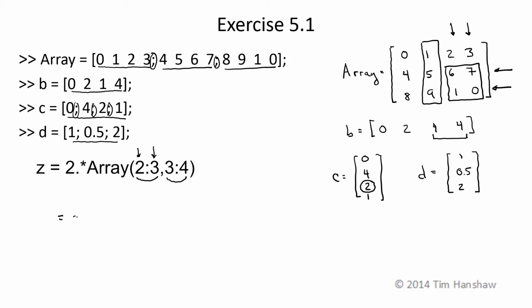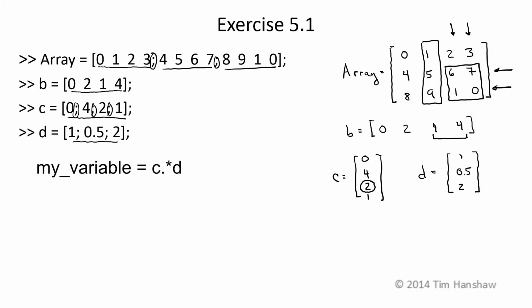So this is 2 dot times 6, 7, 1, 0. This is another scalar multiplied by an array with a dot times, so each element in the array gets operated on by the scalar. This becomes 12, 14, 2, and 0.